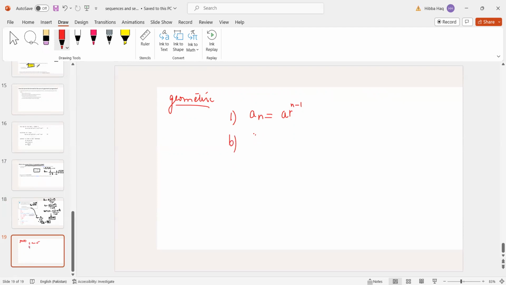Then you have the sum formula, Sn equals a times 1 minus r raised to the power of n, divided by 1 minus r. And then you have the third formula, the sum to infinity, that is a divided by 1 minus r. Using all these three formulas, you can easily solve everything regarding your geometric progressions.